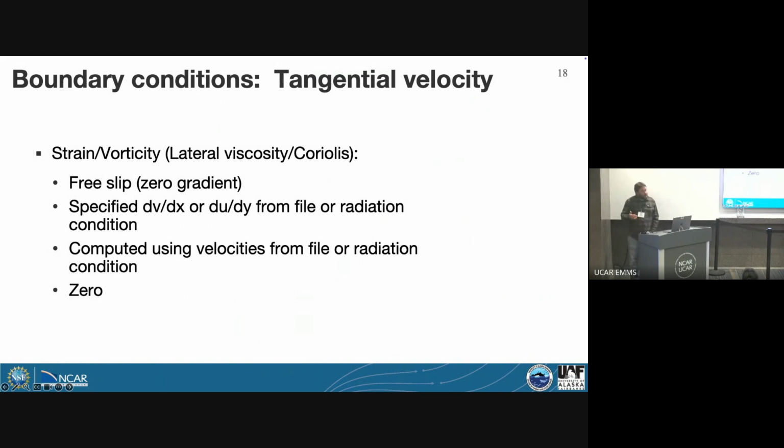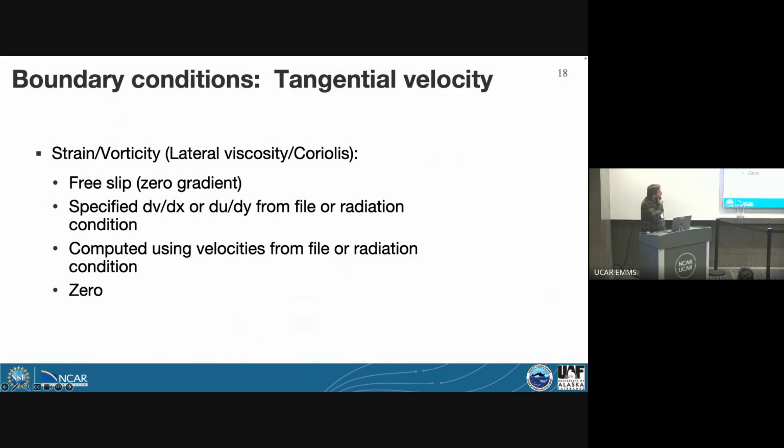So as I say, for MOM6, we also need to prescribe open boundary for tangential velocity. There are a few options: free slip. You can prescribe the dv/dx, du/dy from the outside if you have a model.